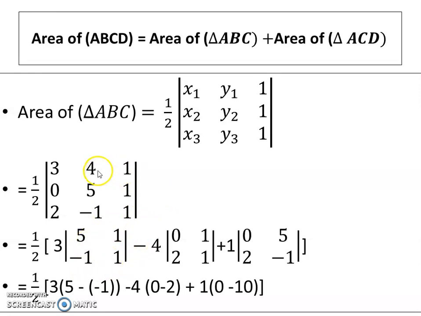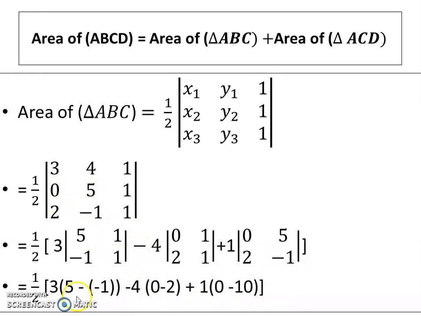Next, the middle term is always negative, that's why the middle number is 4. So I write 4 here. Then we skip the first row and second column: 0 1, 2 1. Next, plus 1 remains the same. Then we skip the first row and last column. What is remaining? 0 5, 2 minus 1.